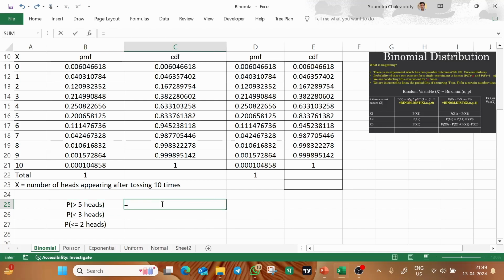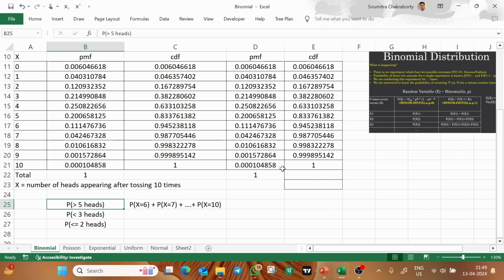That means what? Probability x equal to 6 plus probability x equal to 7 plus this up to probability x equal to 10. So that is the greater than 5. So how can we calculate that?